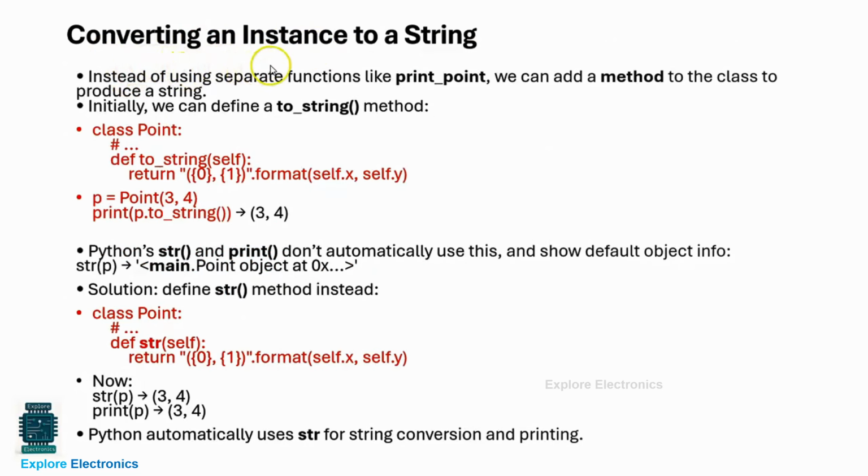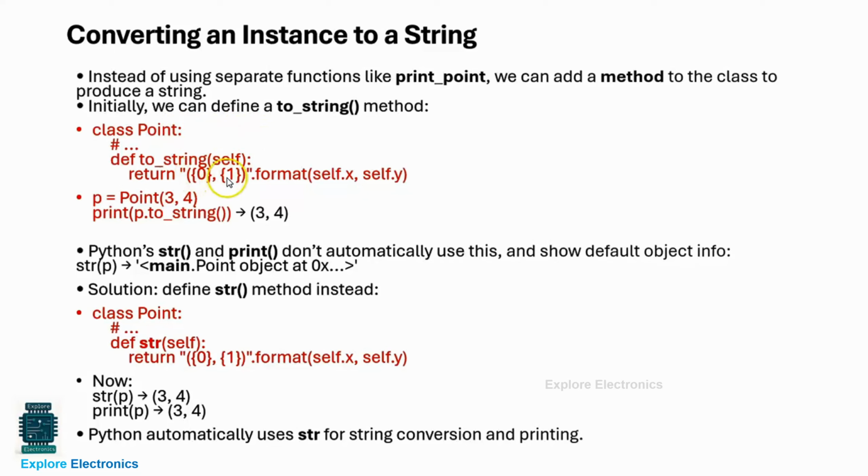Instead of using separate functions like print_point, we can add a method to the class to produce a string. Initially, we can define a to_string method. Let us see with an example. Class Point defines a blueprint to create point objects.